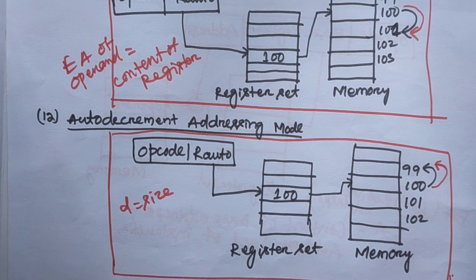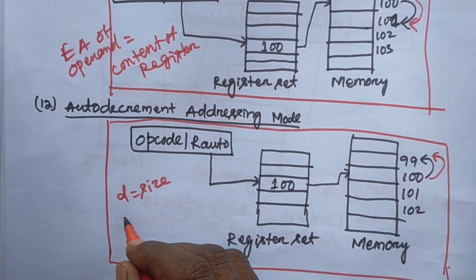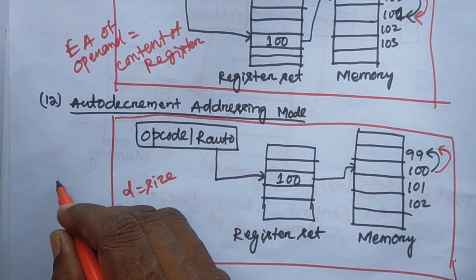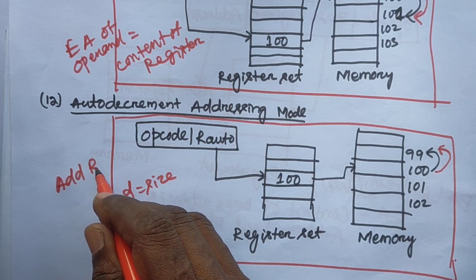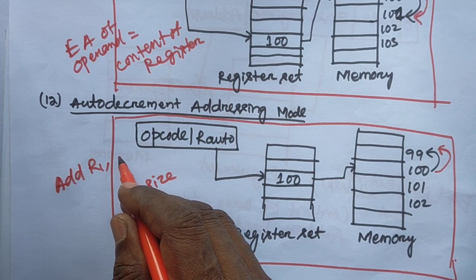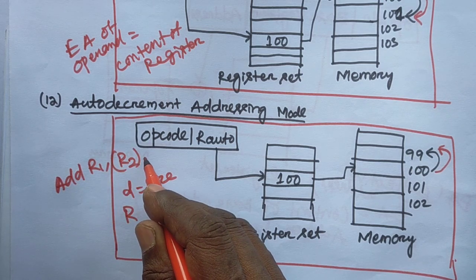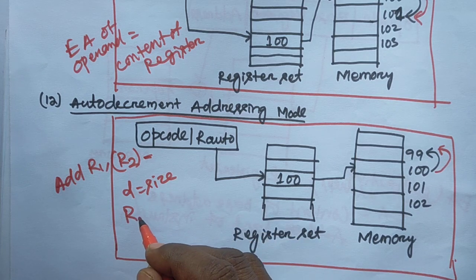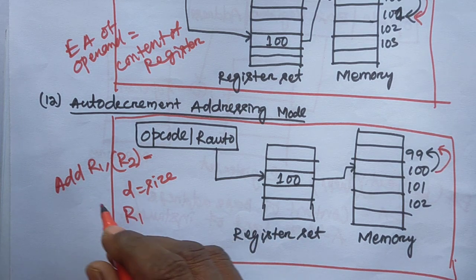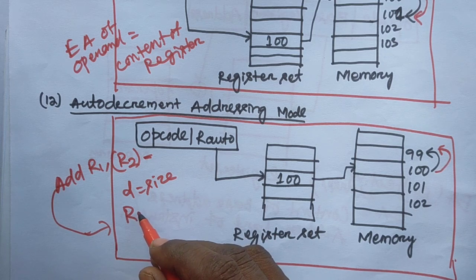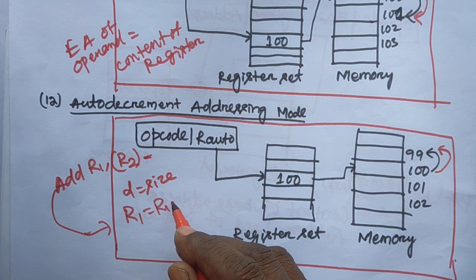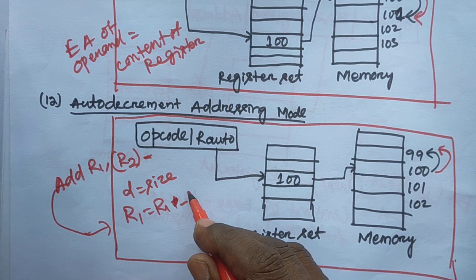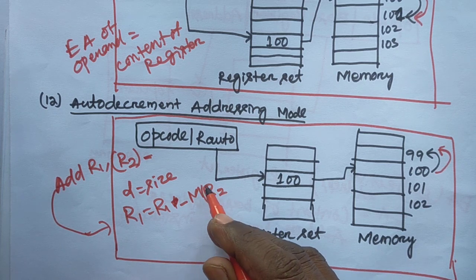Suppose, as an example, we take ADD R1, R2 minus. In this case the equation can be defined as R1 equals R1 minus memory of R2.